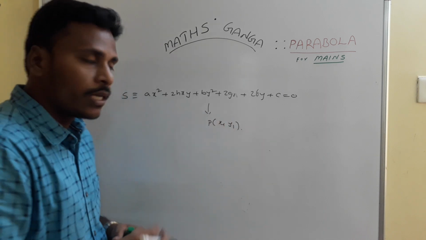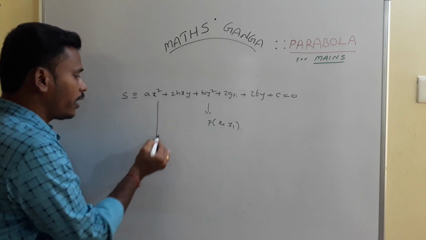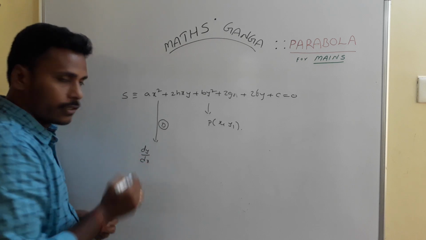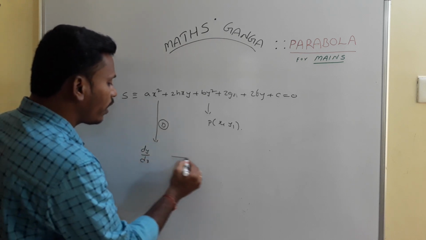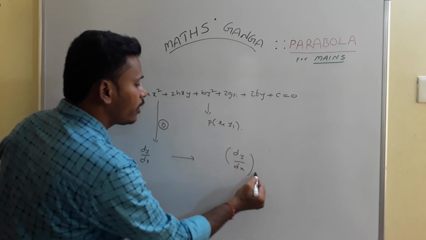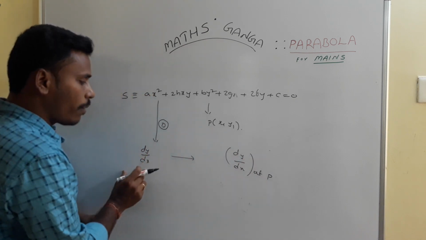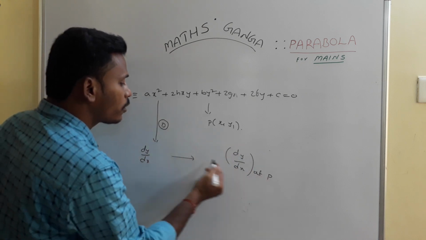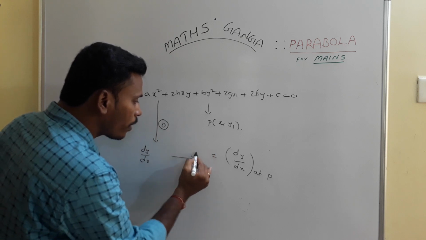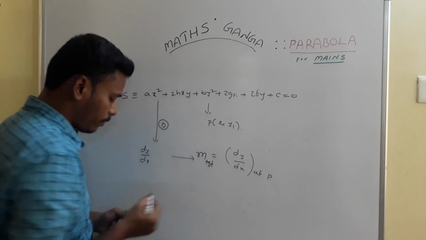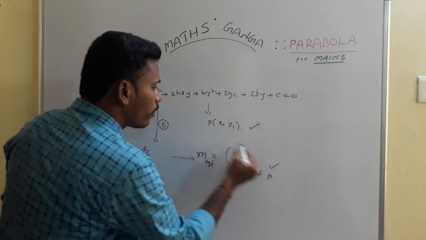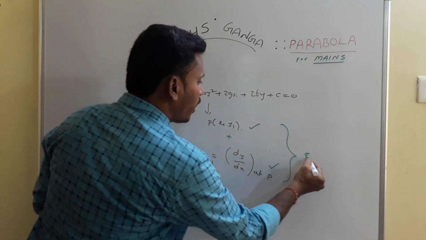You just differentiate it with respect to x and calculate dy by dx. Then calculate the value of dy by dx at this particular point, which gives a slope. This is the slope of the tangent. Then using this point and this slope, you can find the equation of the tangent.